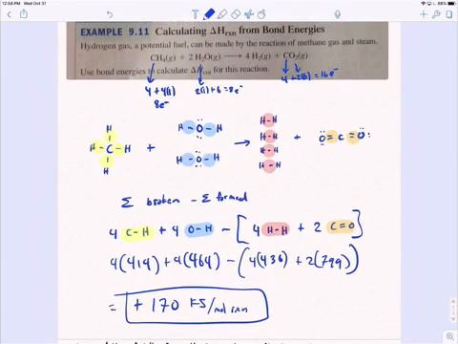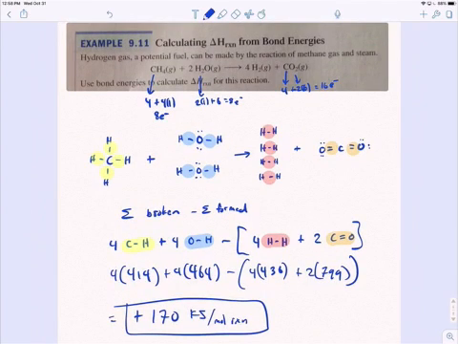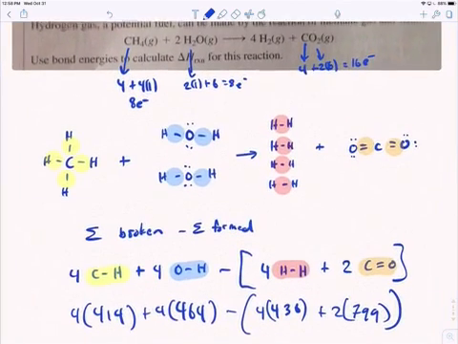Like so. Okay. So when you get a problem like this, it's probably best to go through and write the Lewis structure.